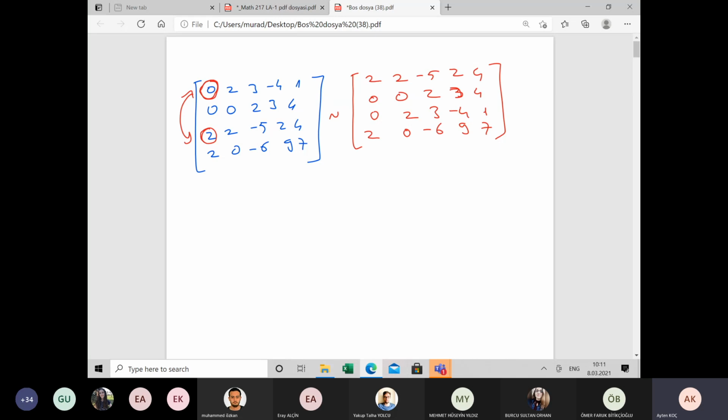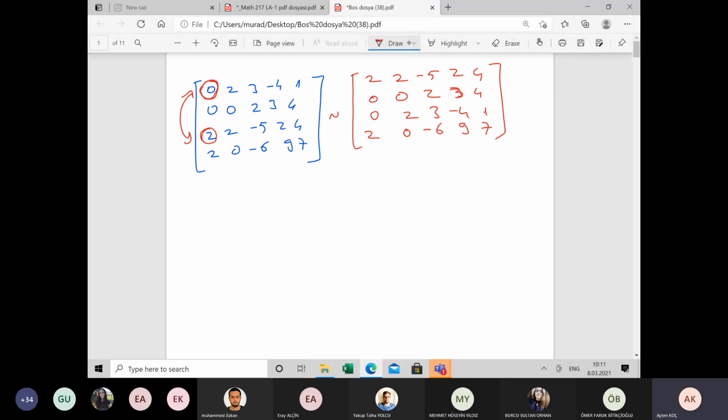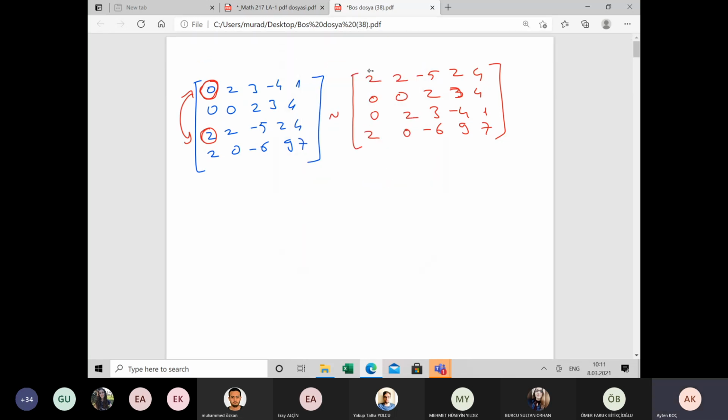So the next operation. Use a different color. Our aim is to get a leading one here. How to get a leading one? Of course, multiply by 1 over 2. Our aim is to get the leading one here, and it is row equivalent. Apply this operation.